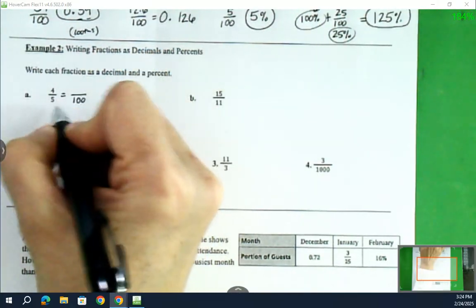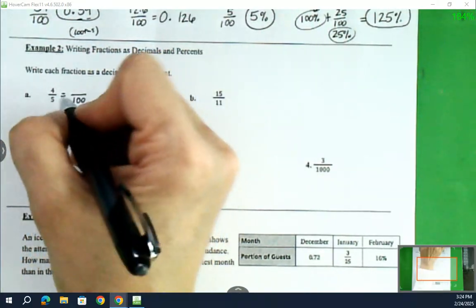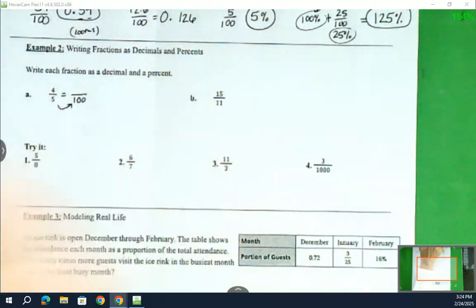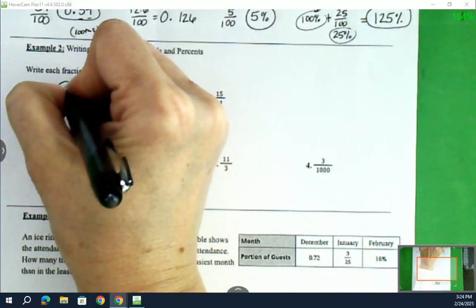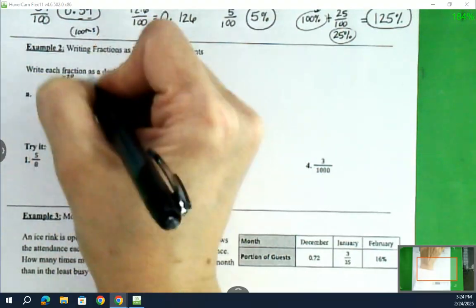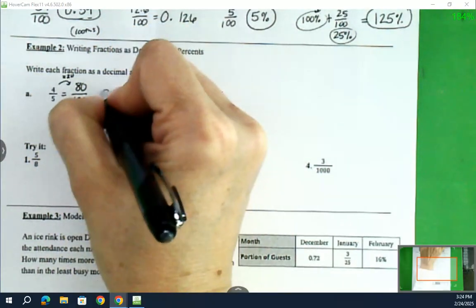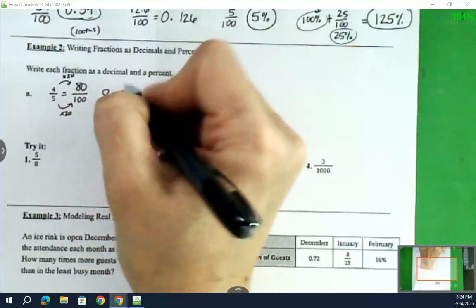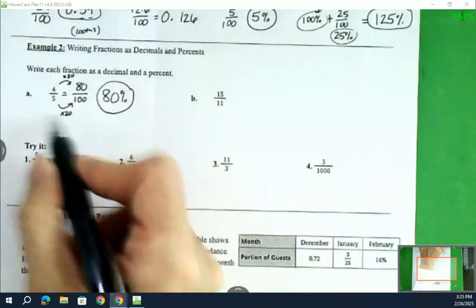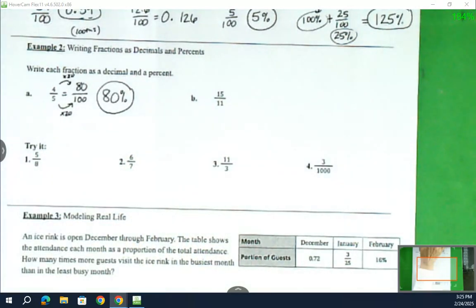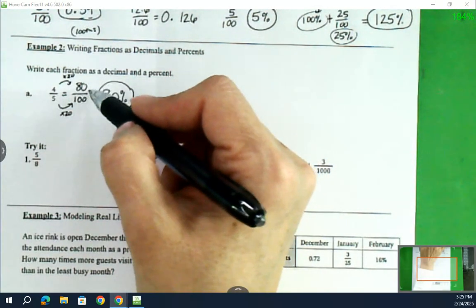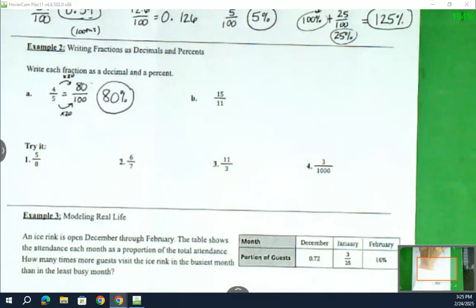Since 5 is a factor of 100 and goes into 100 evenly, I know that's going to be times 20. So all I would have to do is do 4 times 20, which is 80. So I know that that would be 80%. So some of these, if you know your denominator goes into 100, just make it equivalent to out of 100. And get your equivalent fraction, and then the number out of 100 is your percentage.